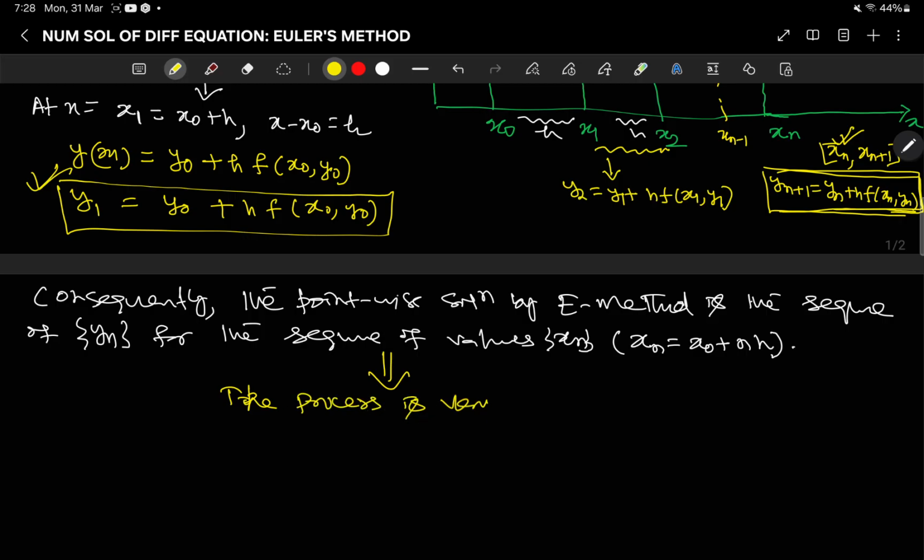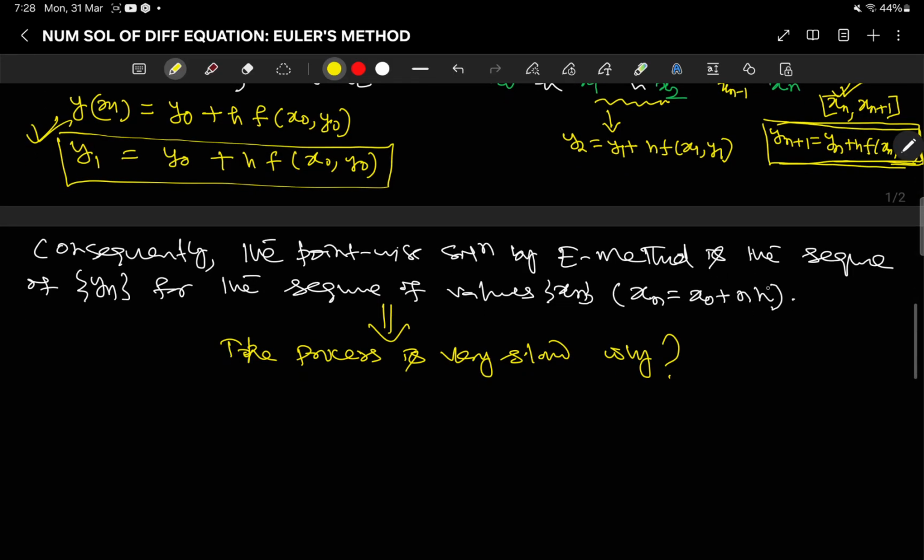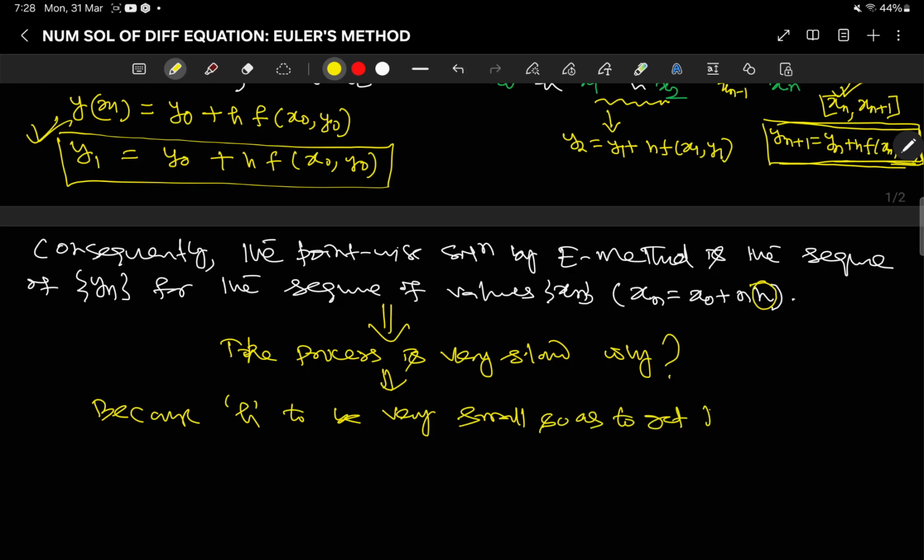It is because unless we choose h to be very small, we cannot approach the actual answer, so as to get the result to a desired accuracy.